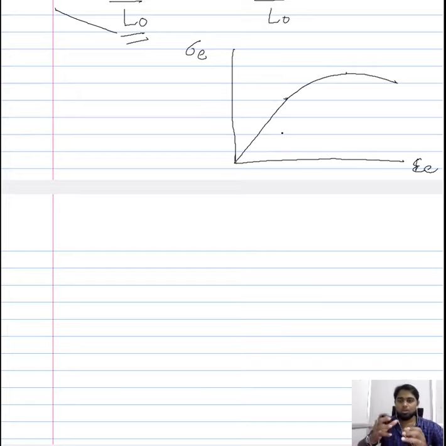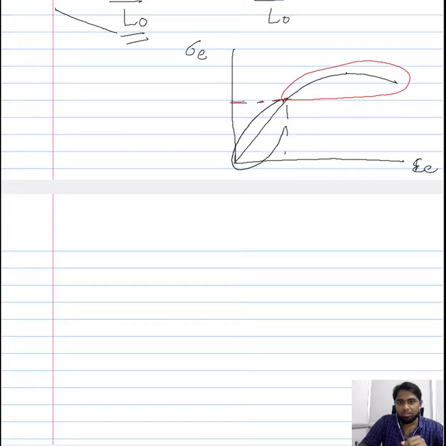Now, given this trend of the curve, we can section the whole of the engineering stress versus engineering strain curve into two, that is this region here and the other region here.